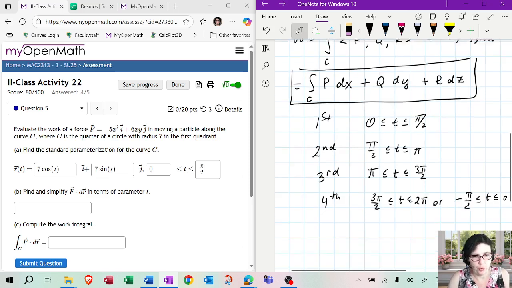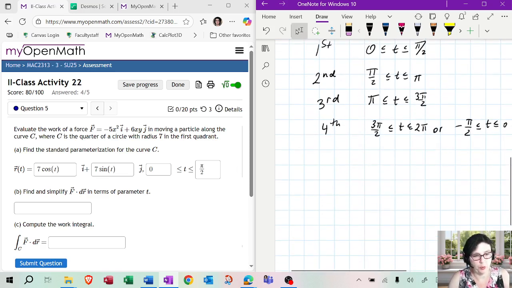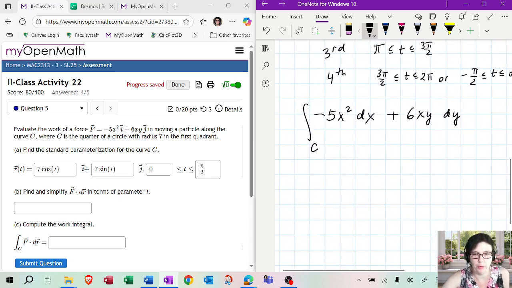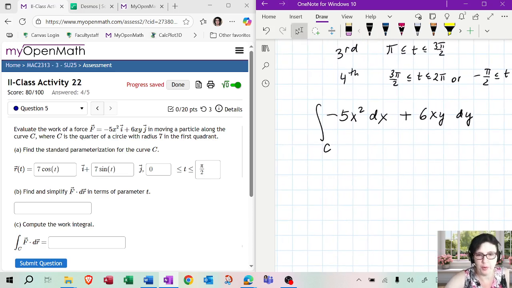Okay, so let's go ahead and figure out what is that F dot dr. We take the first component of the force, which is negative 5x squared, and we multiply it by dx, and then plus the second component of the force, multiplied by dy. So this is the line integral that we need to compute, given our parameterization.